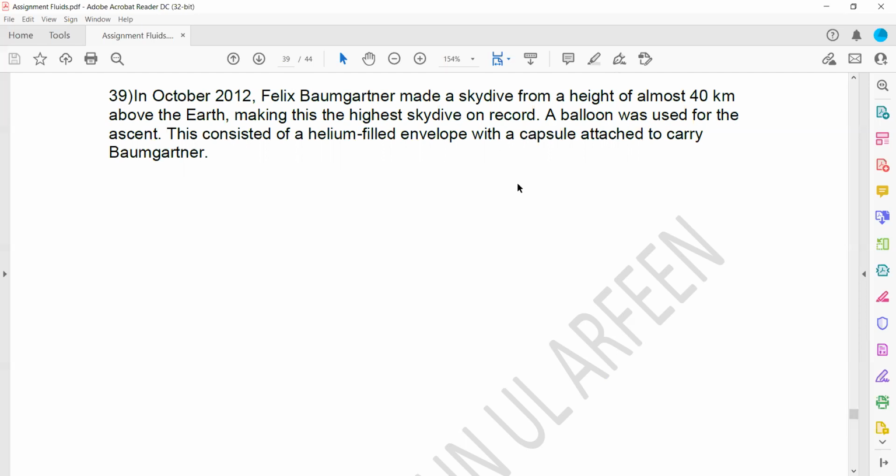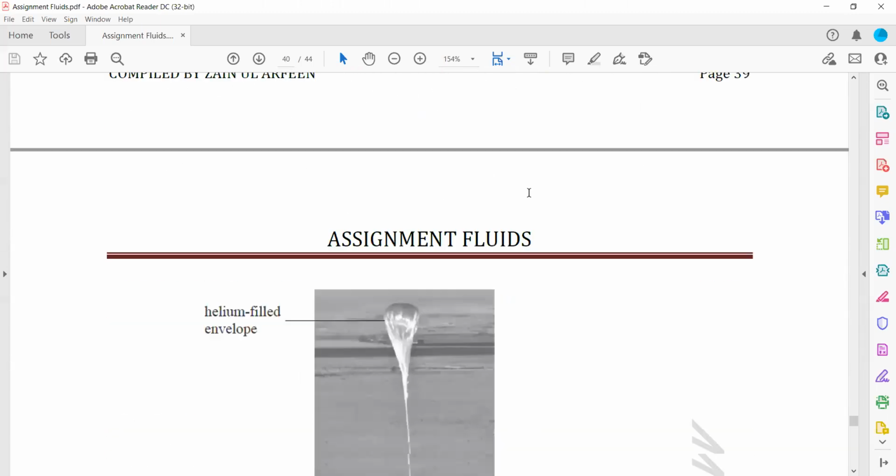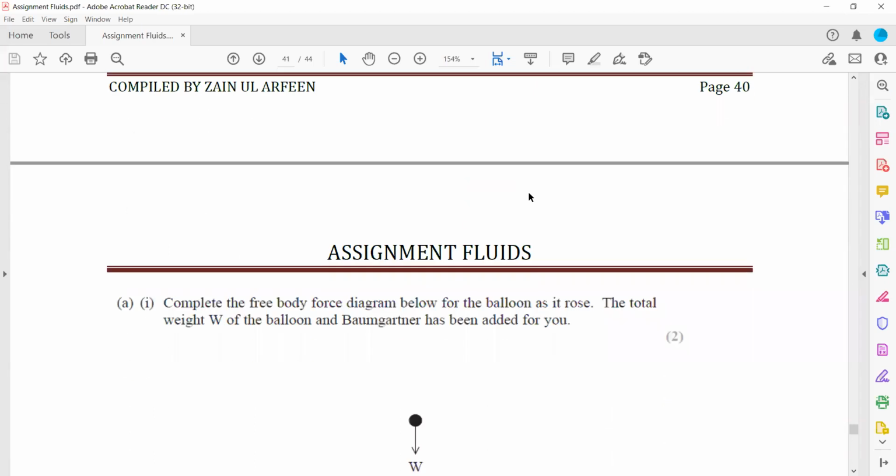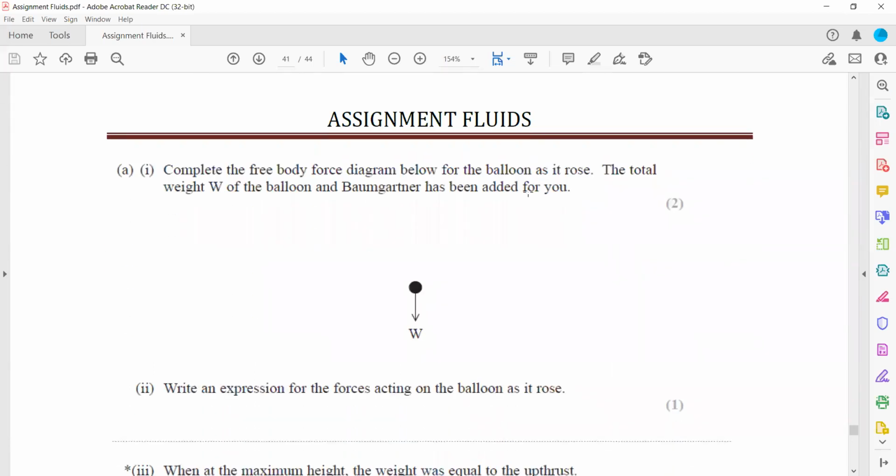It consists of a helium envelope, as you can see in the figure. Complete a free body force diagram below for a balloon as it rose.